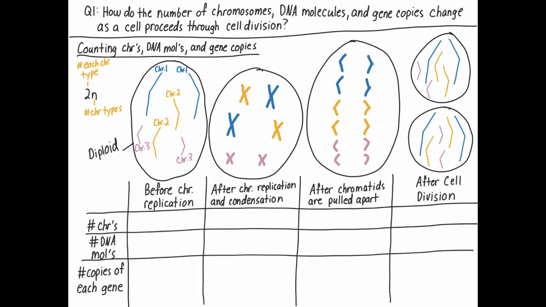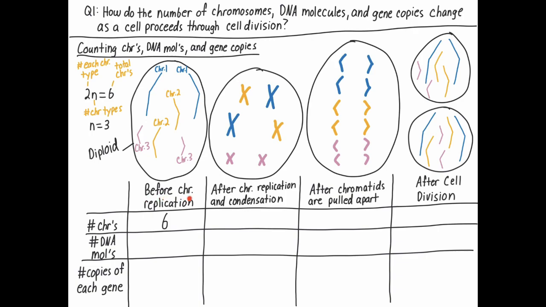We have 3 types of chromosomes, so N equals 3. Since we have 3 types, and 2 of each type, we have 6 chromosomes total. Of course, we could also just count these chromosomes: 1, 2, 3, 4, 5, and 6.